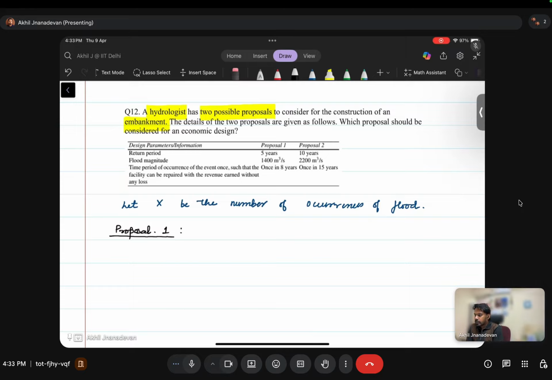In this question they have said that if it occurs once, meaning once in 5 years, then in the eighth year we can go for a repair. So that is fine. And if it does not occur at all, then also there is no loss, right? So we can mention that.